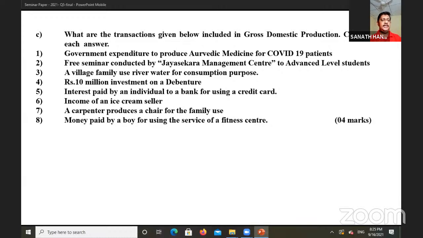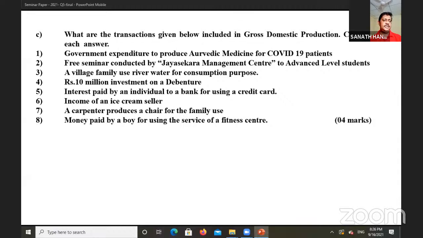First one, government expenditure to produce Ayurvedic medicine for COVID-19 patients. Now, you know the government has an Ayurvedic department. They are producing Ayurvedic medicine nowadays and giving it to the families who are affected by corona. Often they put current issues like this in the section. So you should identify whether this given transaction is in national income or not.